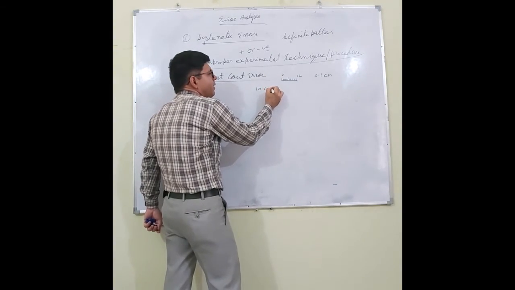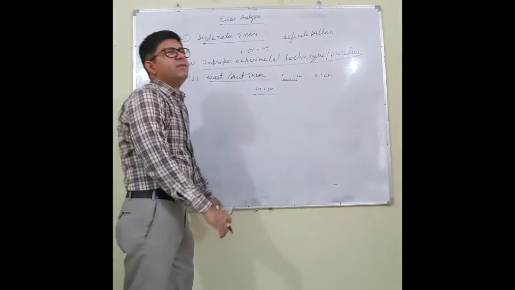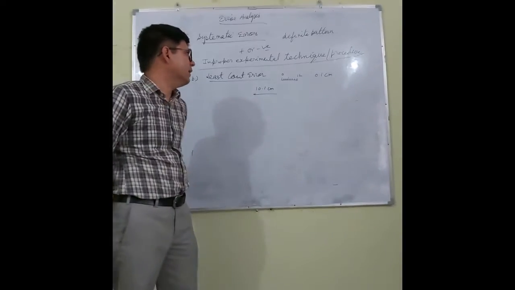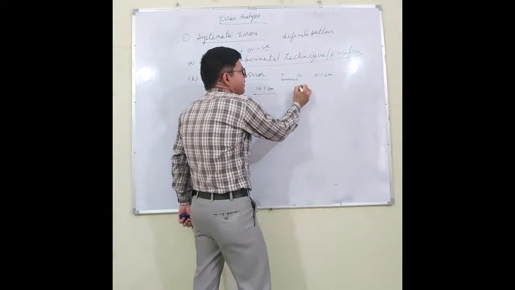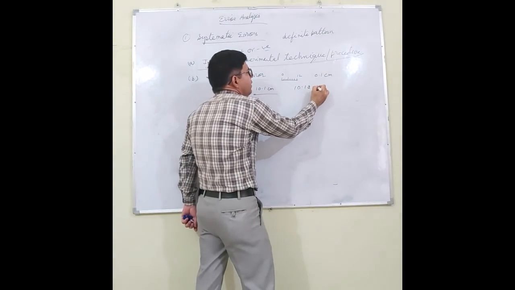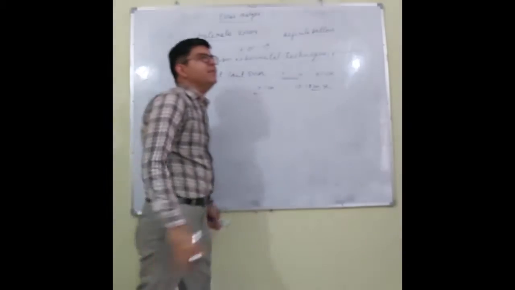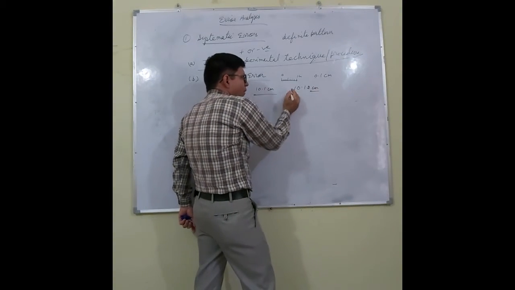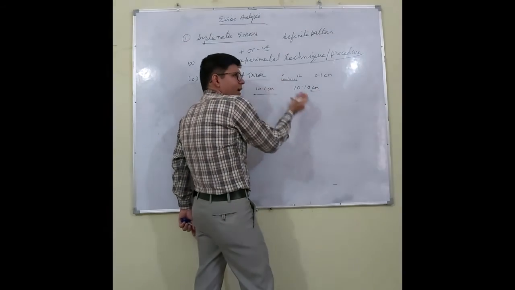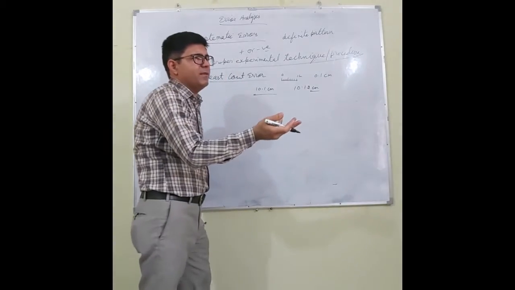So with the help of that you can measure a length of 10.1 centimeter. 10.1 centimeter is correct up to one decimal place. But if I say 12.12 centimeter, it is incorrect, because I cannot measure up to the next decimal place.